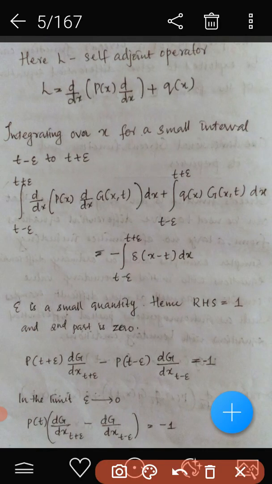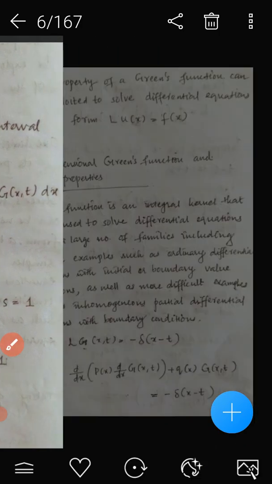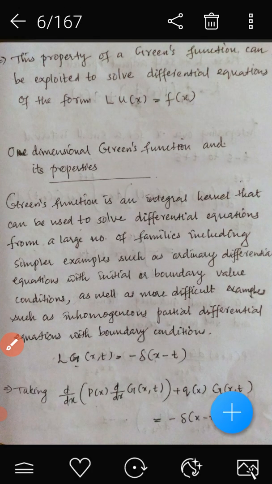Now integrating this equation over x for a small interval, that is, t minus epsilon to t plus epsilon. Epsilon is a very small quantity and you can integrate this. I integrate this equation.